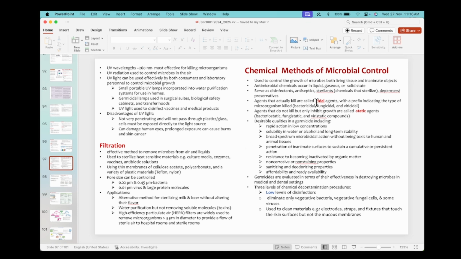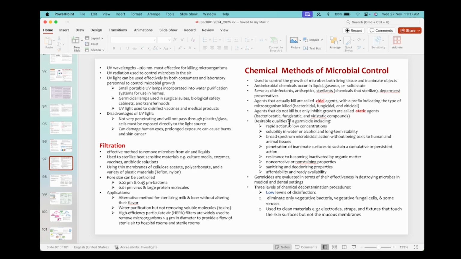So agents that actually kill have the suffix "cidal", for example bactericidal, fungicidal and viricidal, whereas agents that do not kill but only inhibit growth have the suffix "static", for example bacteriostatic, fungistatic and viristatic compounds.